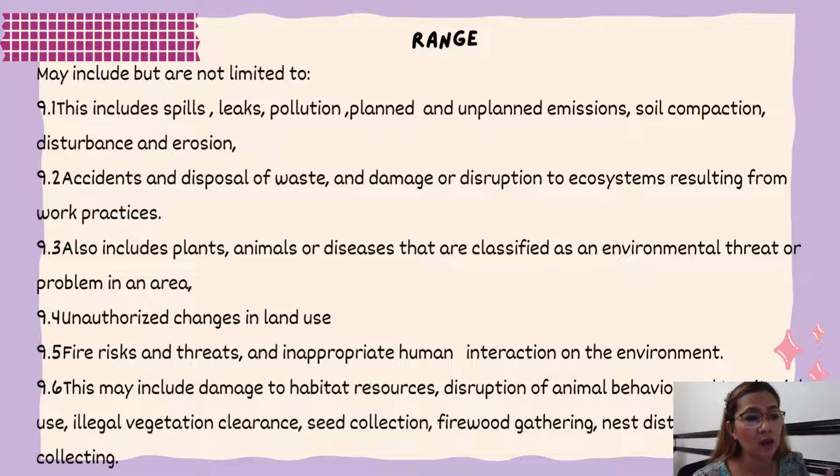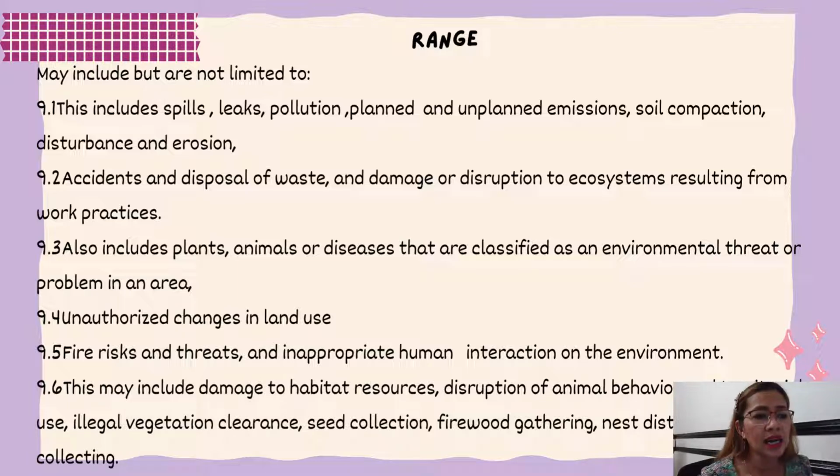Pests, animals, or accidents and disposal of waste, and damage or disruptions of the ecosystem resulting from workplace practices. So if you throw garbage incorrectly, or a plastic bag flies off, then a trainee arrives, steps on the plastic, slips, and that will cause an accident. So you have to identify what could be these environmental threats and hazards in your environment.